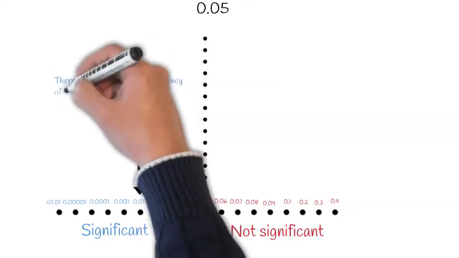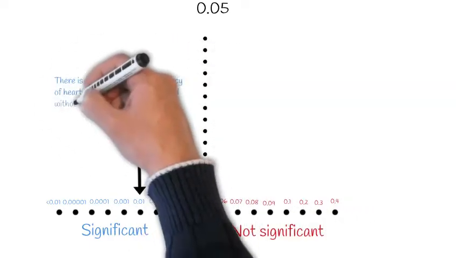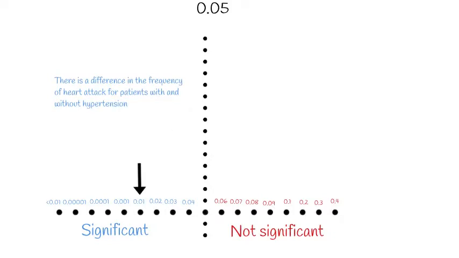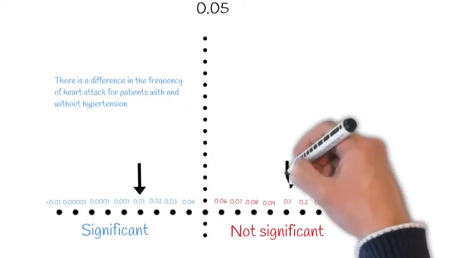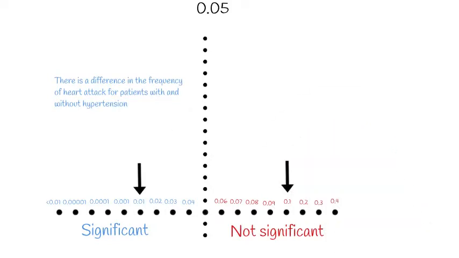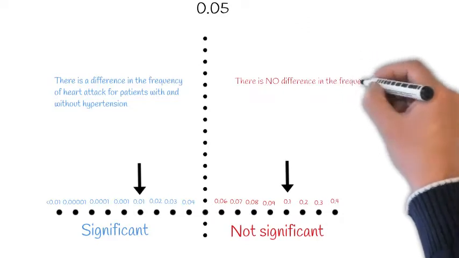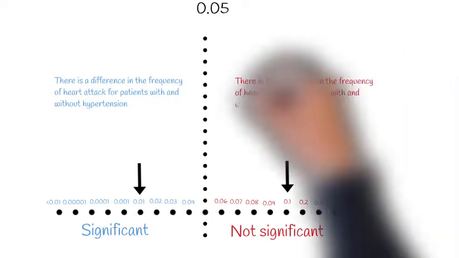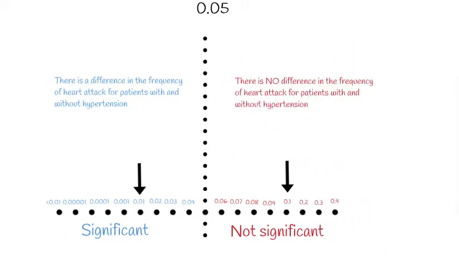Our conclusion here will be that there is a difference in the frequency of heart attack for patients with and without hypertension. And if we get a p-value of 0.1, a non-significant p-value in the red side, our conclusion here will be that there is no difference in the frequency of heart attack for patients with and without hypertension. And these are the hypotheses we derive from our research question for statistical analysis.